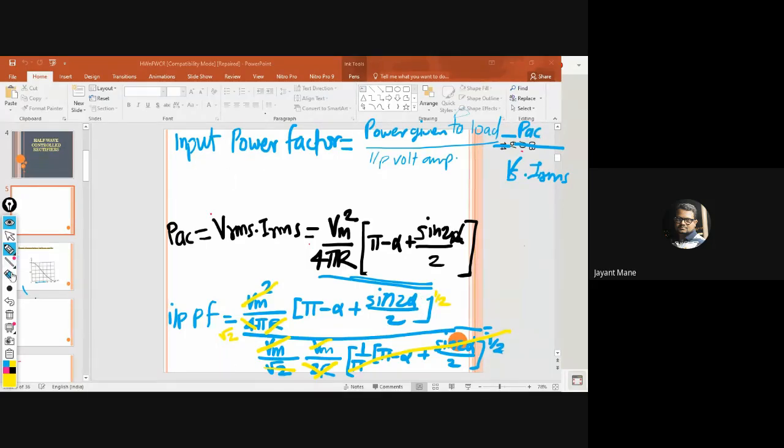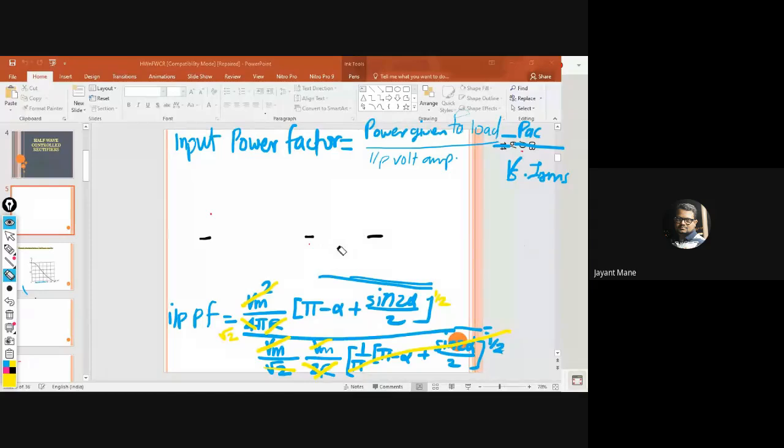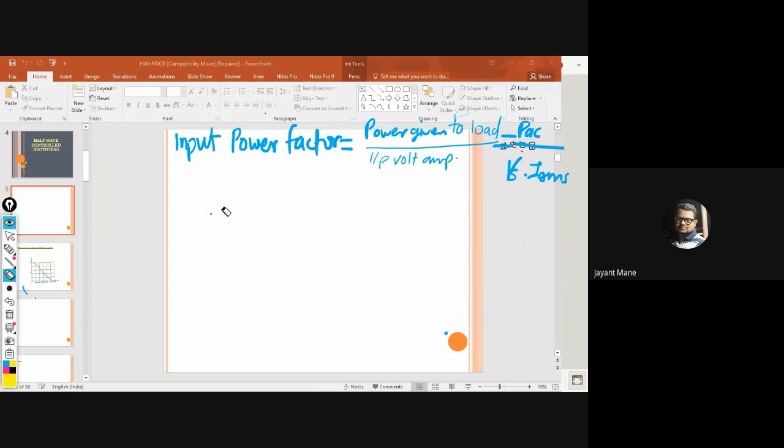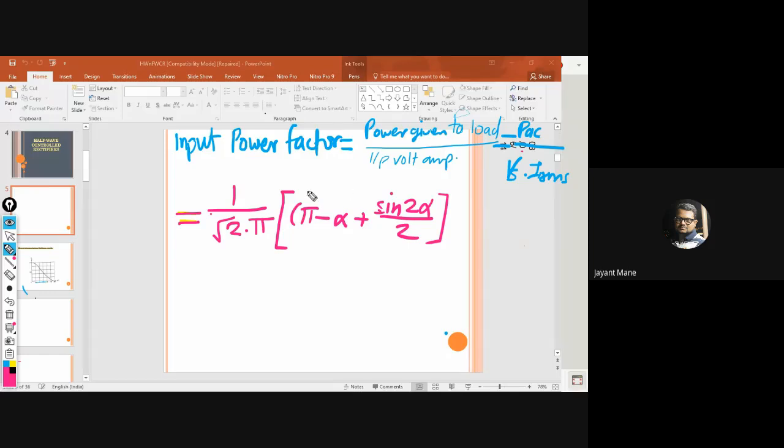I'll write down the final answer now. The input power factor will be 1 by under root 2 into pi minus alpha plus sine 2 alpha by 2, under root 2.